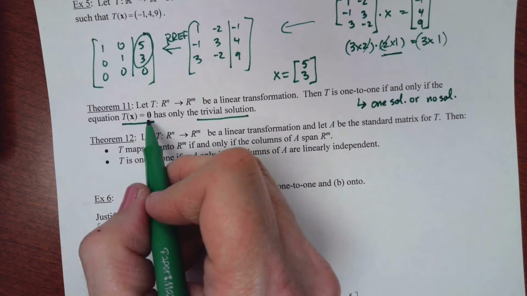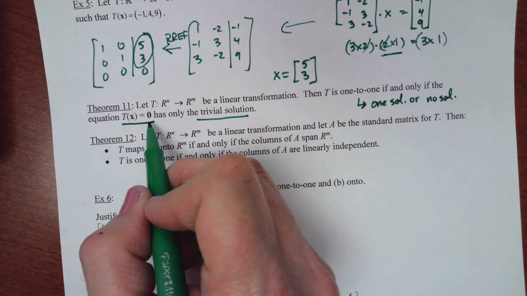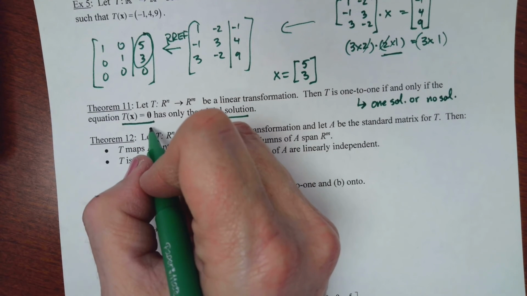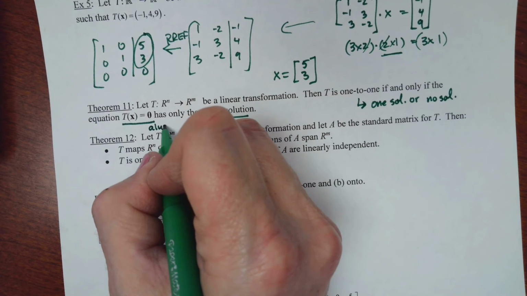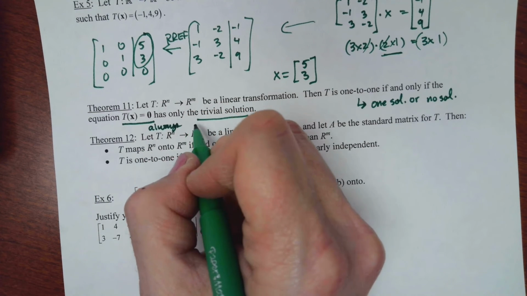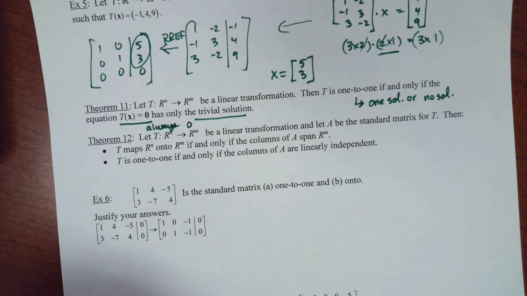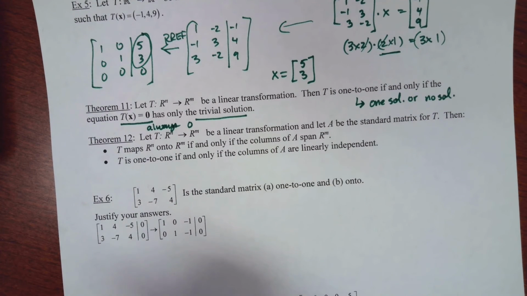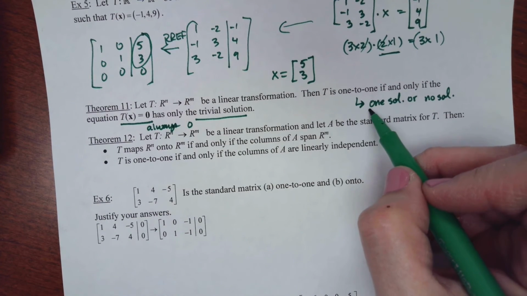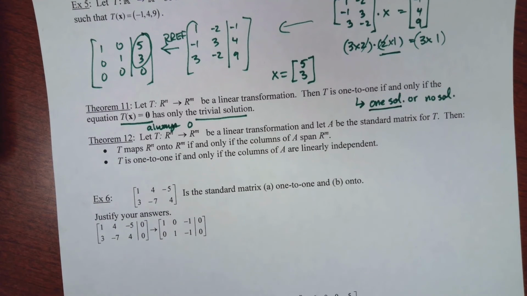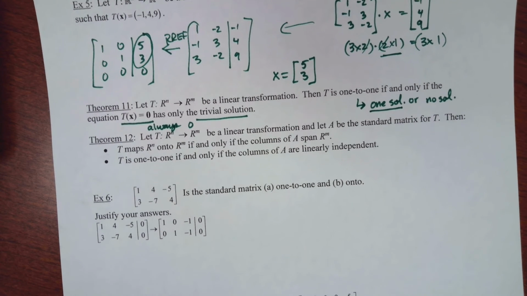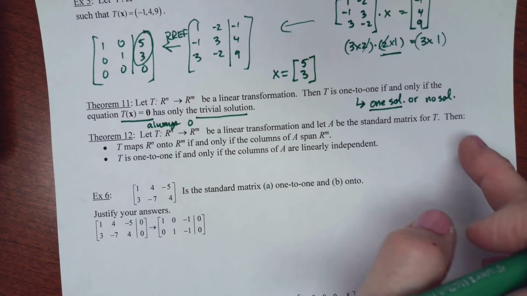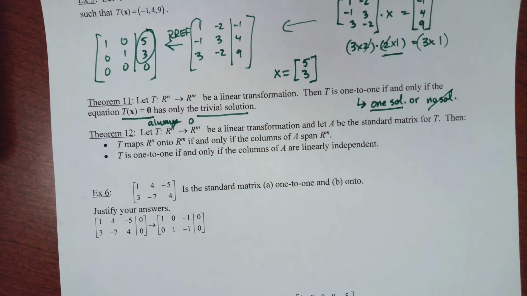Now remember, a homogeneous system always has a trivial solution, a solution of 0, 0, 0, or however many you need. So that has to count as your one solution. I guess it could have no solution also, but this always has a trivial solution, so it can't have no solution. That's the only way it's going to be. All right.